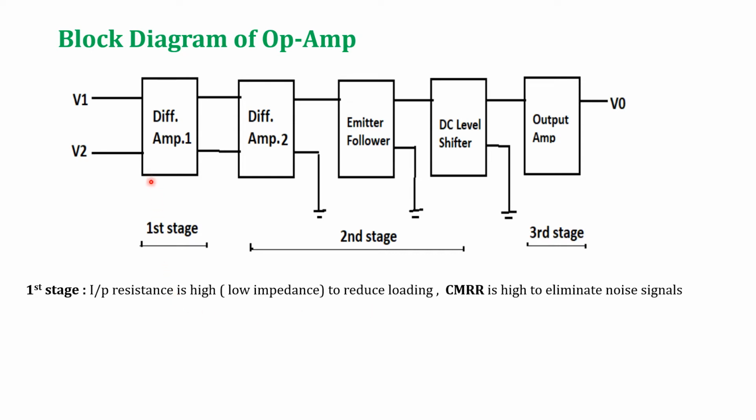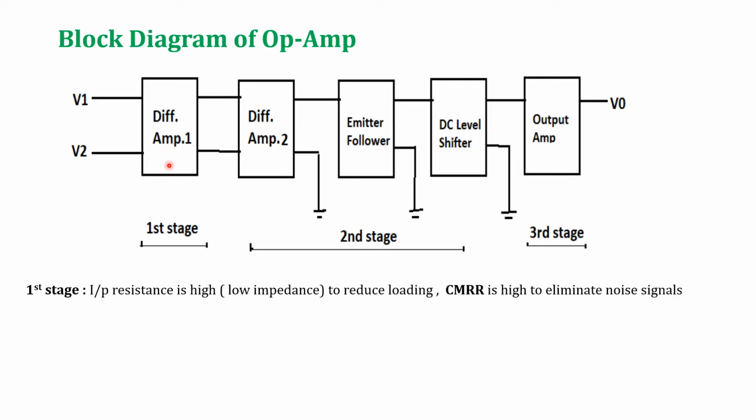Here, the unwanted signals like noise or thermal vibrations reach both the inputs of the differential amplifier equally. Such signals are called common mode signals. These common mode signals are totally eliminated by the first stage, since for that differential amplifier the common mode rejection ratio is very high.